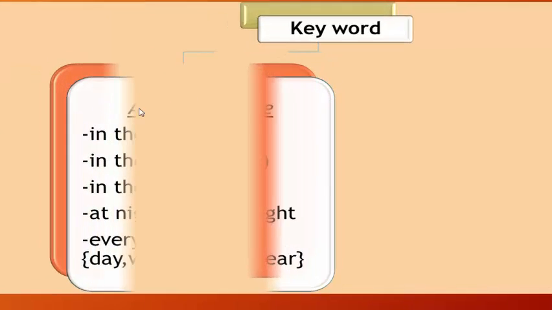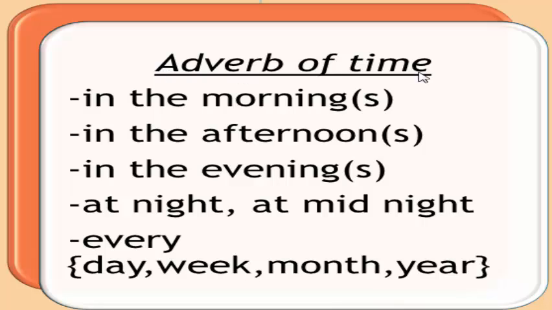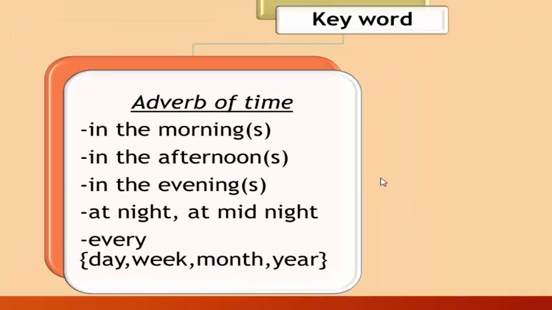Let's have here the key words that refer to present simple tense, and they are two kinds. The first kind, adverbs of time, such as in the morning or in the mornings, in the afternoon, in the afternoons, in the evening or in the evenings, at night, at midnight, and every, with many words that refer to time such as every day, every week, every month, every year, and so on.